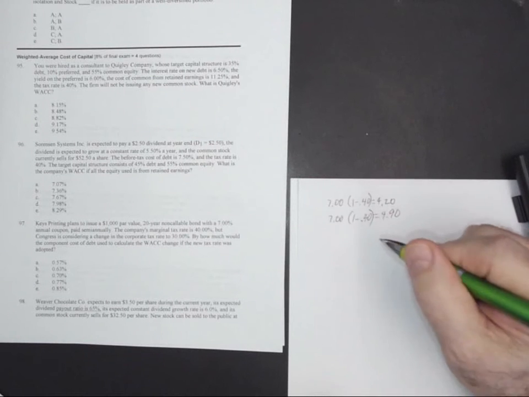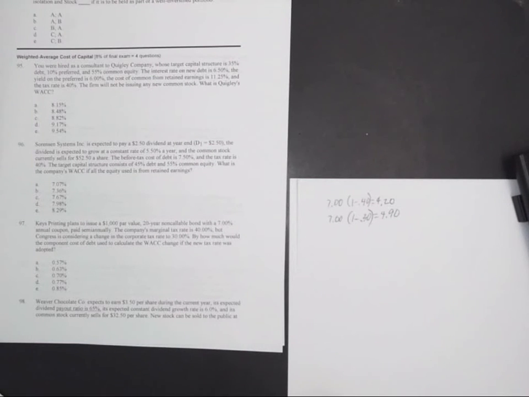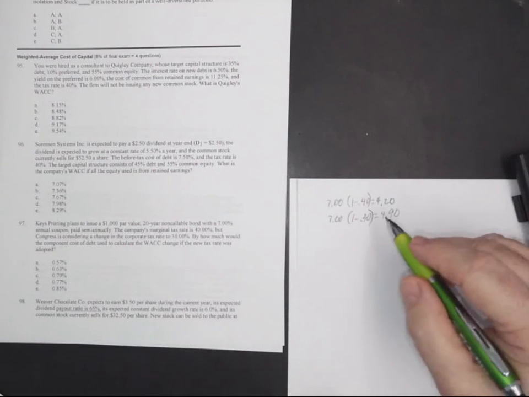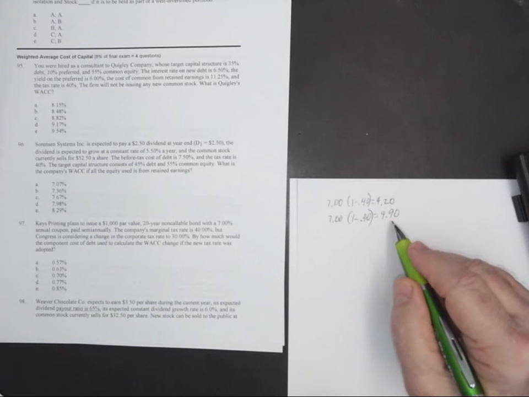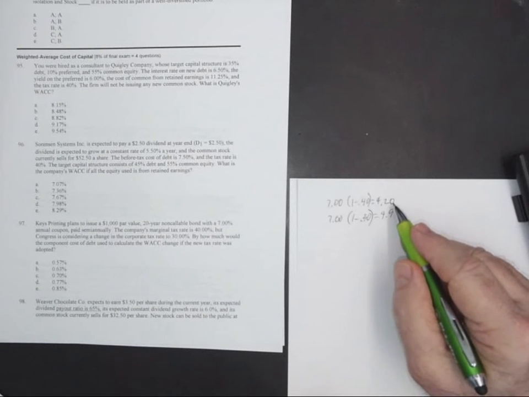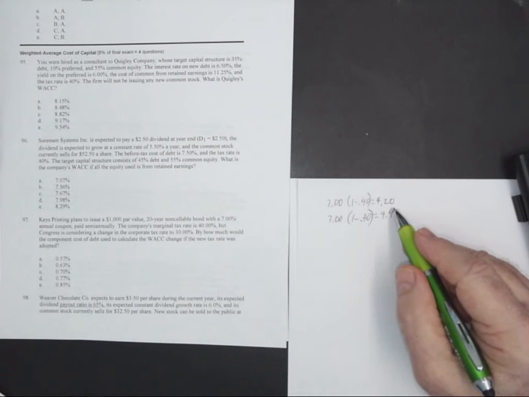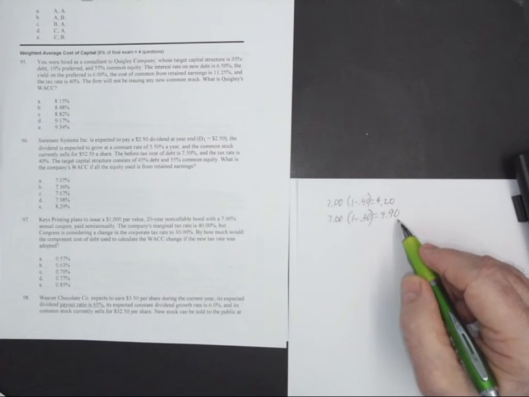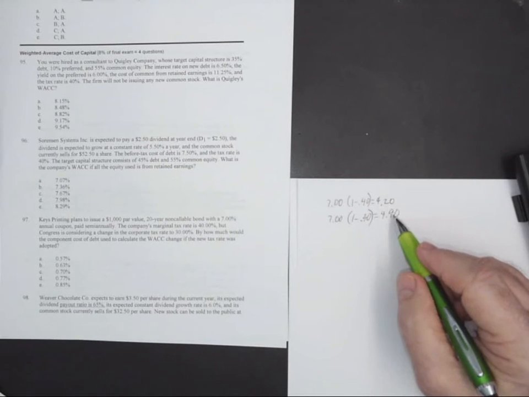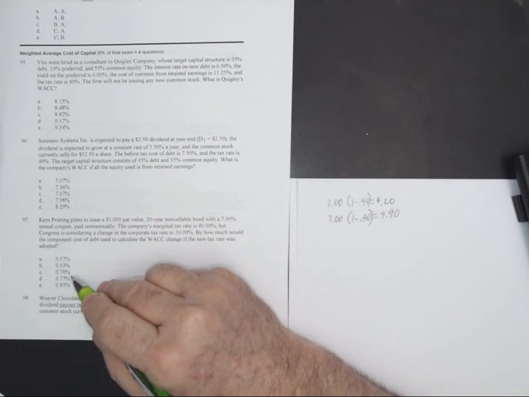So all we're doing is calculating our after-tax costs of debt, and the difference between these is 0.7. So in calculating the weighted average cost of capital, the after-tax cost of debt would be 0.7 higher if you use a 30% rate than if you use a 40% rate. So that answer is C.